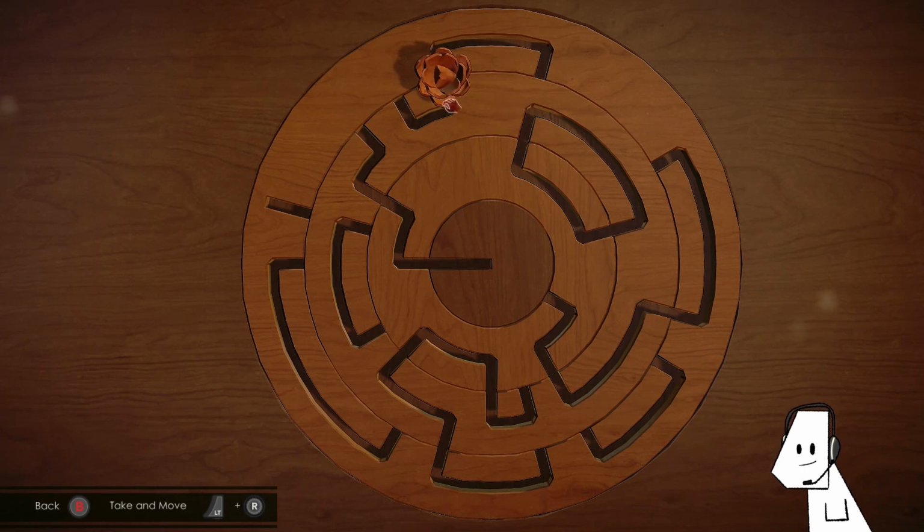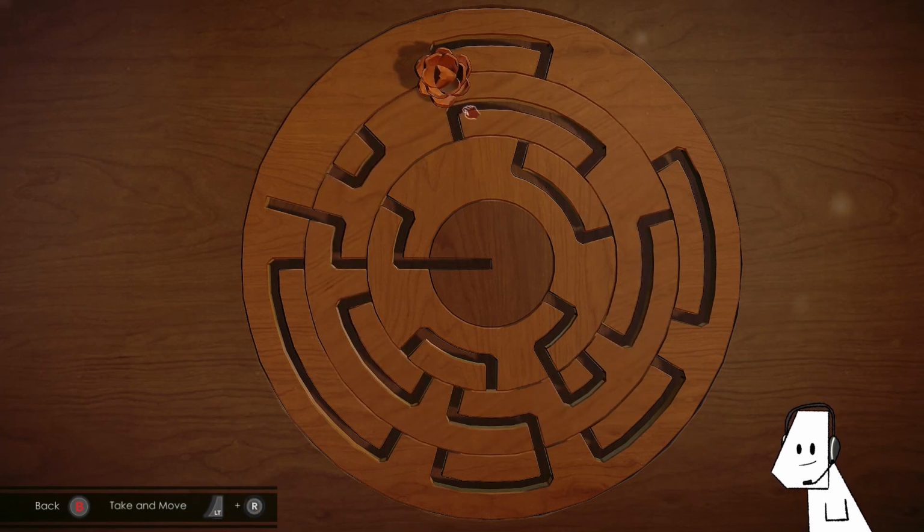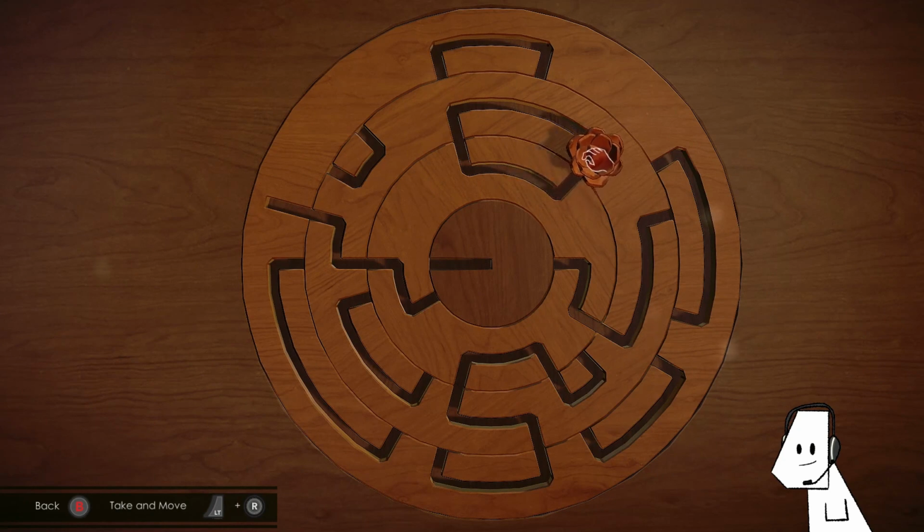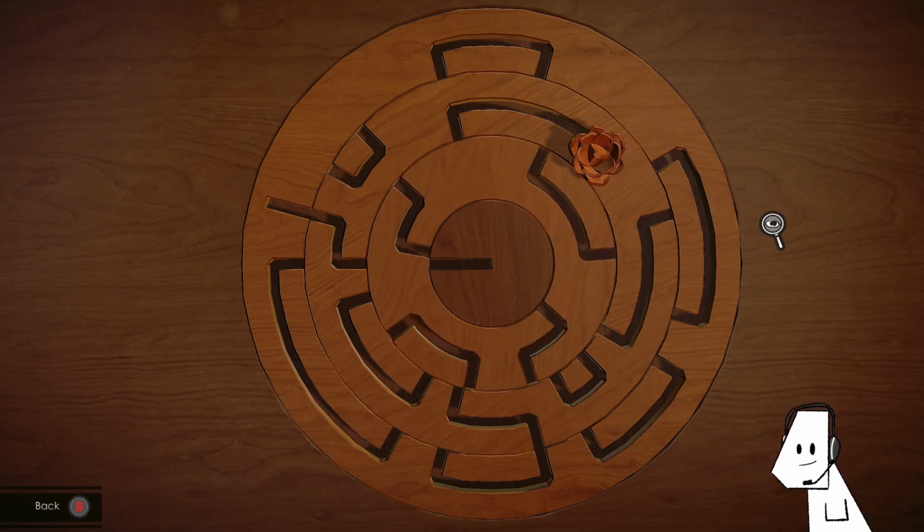Can I move this now? Yeah, I can. Okay. The heck? What just happened? Okay, I just glitched it out by accident, but we'll take it.